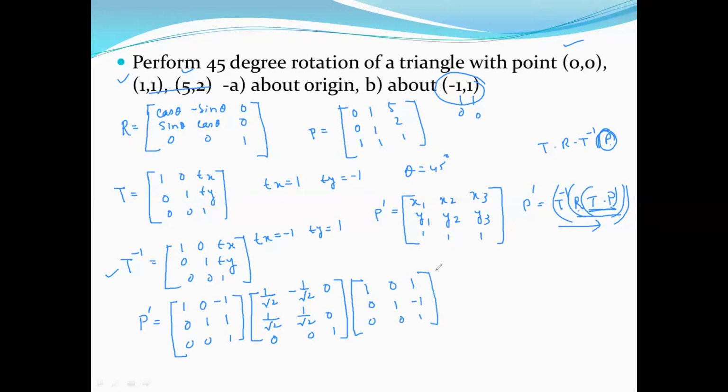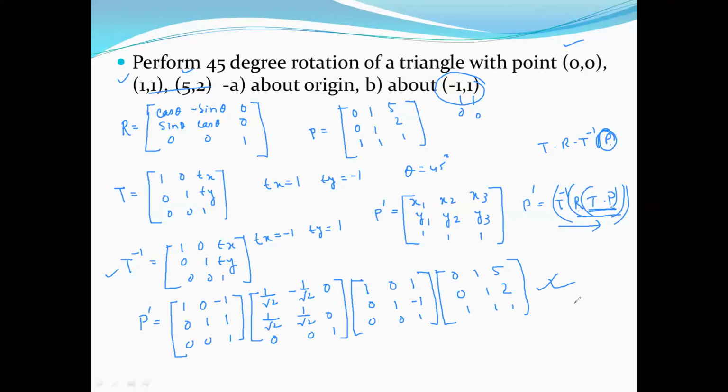And with all of these, I have to perform the multiplication with the point matrix, which is [0 1 1; 0 1 2; 1 1 1]. If you perform the entire multiplication, you will get the final result. That is our result of the rotation with respect to the point -1, 1.